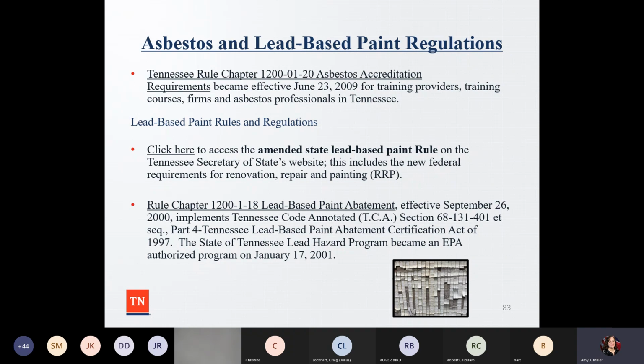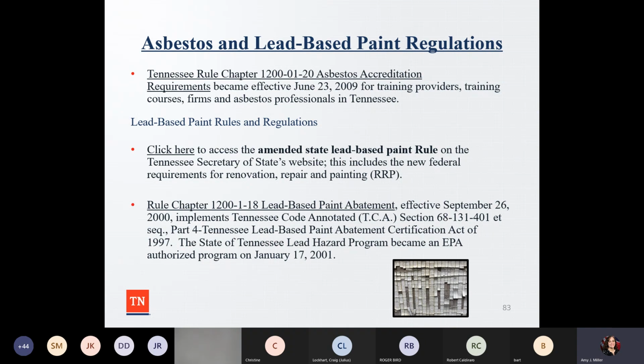It became a requirement on June 23rd, 2009 for training providers, training courses, firms, and asbestos professionals in Tennessee. You can click on that link, which provides the amended state lead-based paint rule from the Tennessee Secretary of State's website. It includes new federal requirements for renovation, repair, and painting.